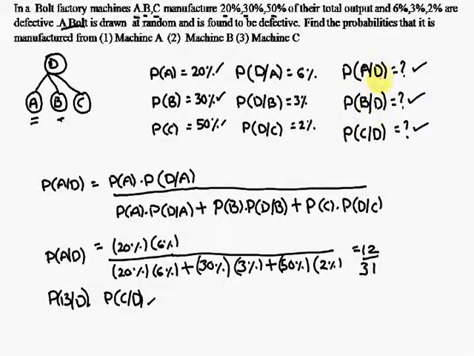Similarly, we have to find out these questions. What the question says is, if I have chosen a bolt and it is found to be defective, what is the probability that it is from machine A? So this is the formula according to Bayes. Just substitute the values and you are going to get the answer. Okay, thank you.